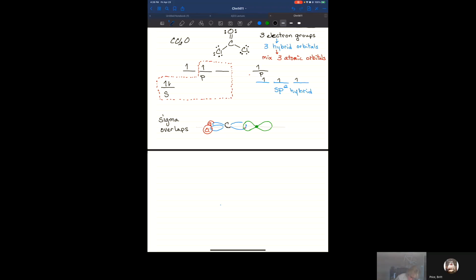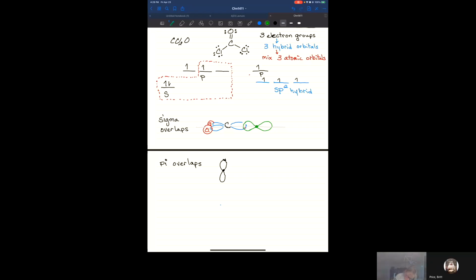And then we can do a picture that involves the pi overlaps. Here's my C. I've got my carbon, and there's my unhybridized p orbital.